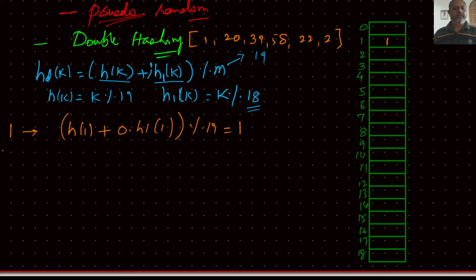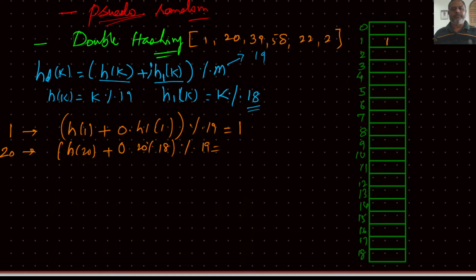The second number is 20. Then h of 20 plus 0 times h1, so we can write it as 20 mod 19 plus 0 times 20 mod 18, mod 19.